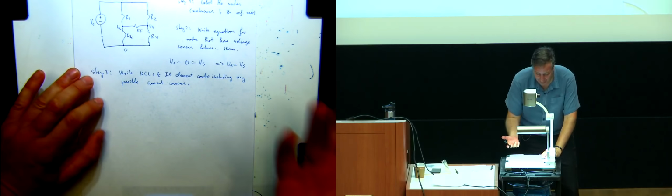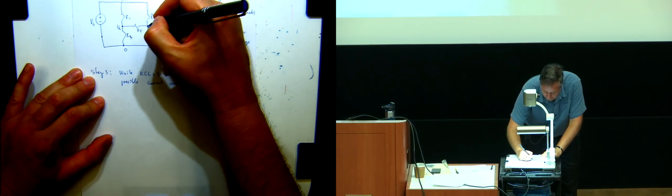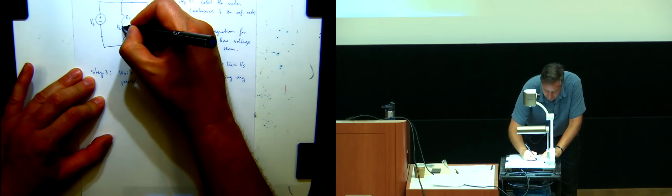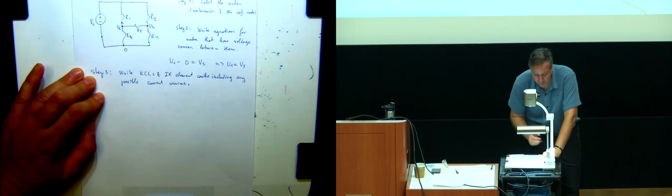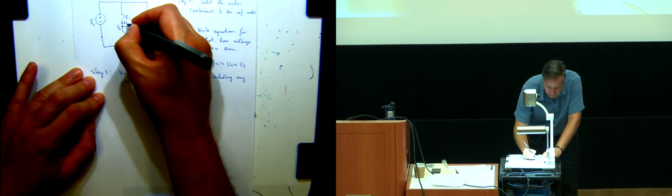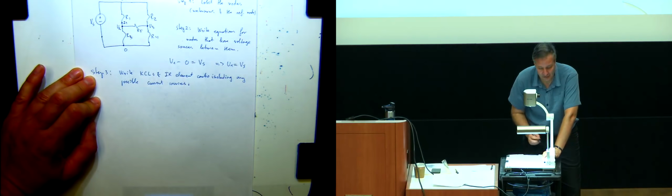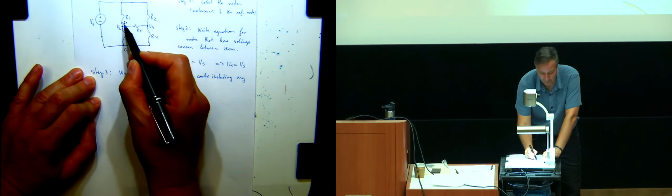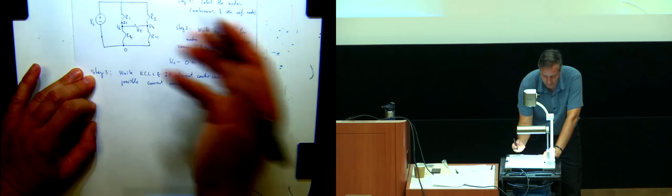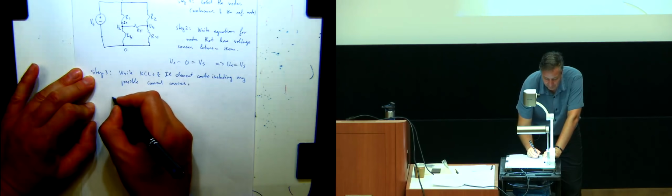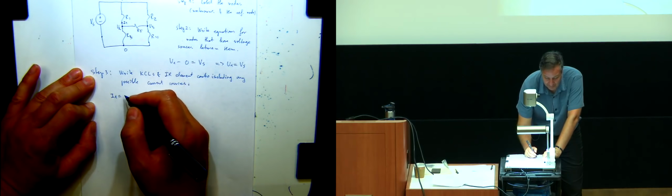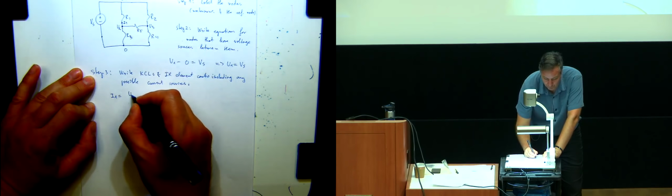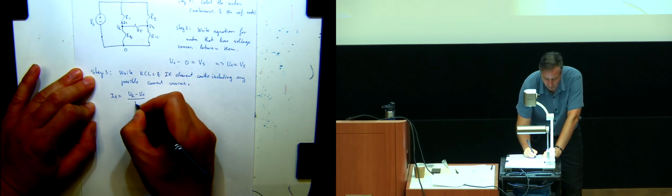Let's pick some element, let's say R1. If I label this current as I1, coming out of node U2 through R1, what can I write about this current? Well, that current is equal to U2 minus U1 over R1.